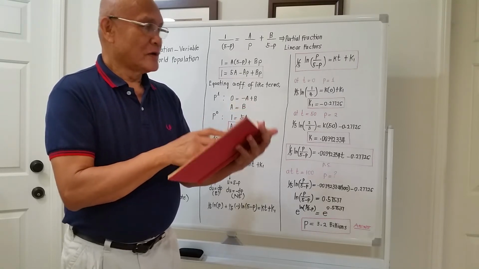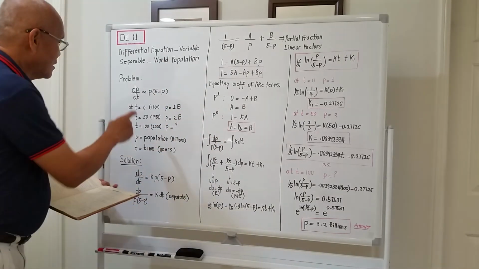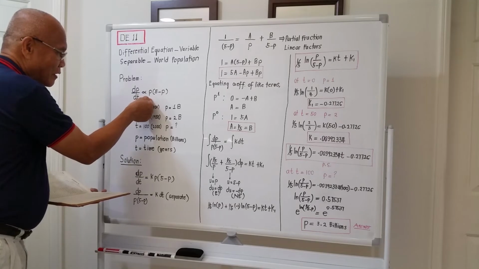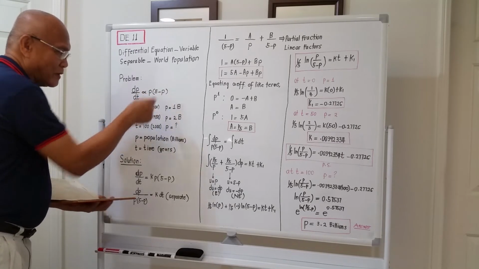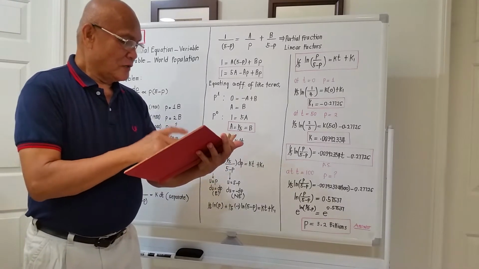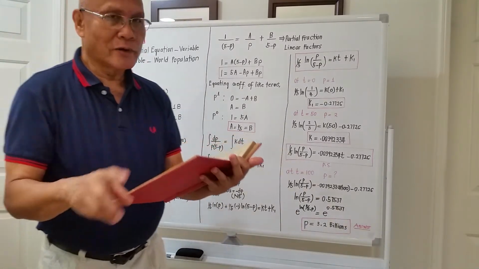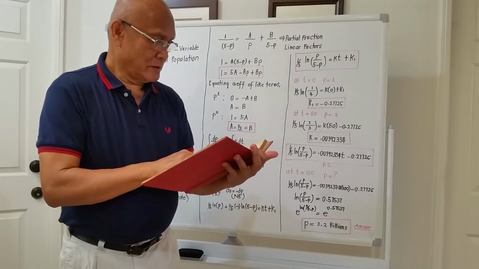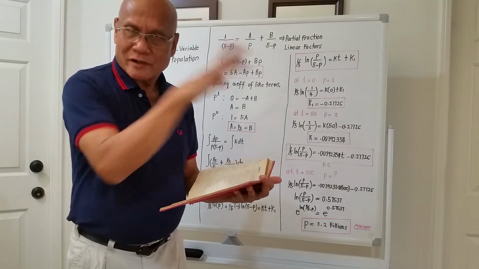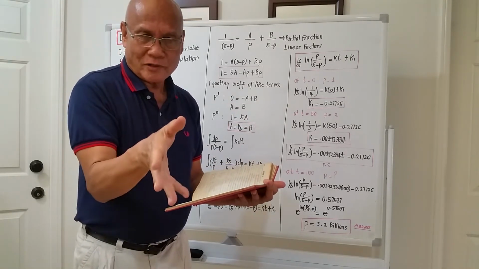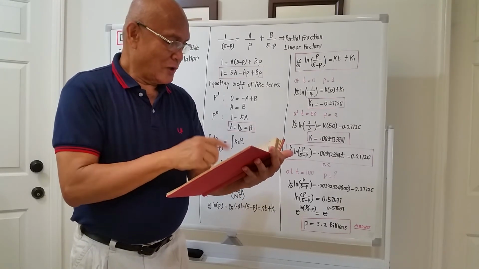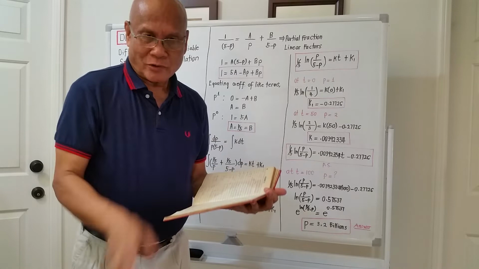That is, the given condition is dP over dt is directly proportional to the population and the difference 5 minus P. That is the condition of the problem. If the population was 1 billion in 1900 and 2 billion in 1950, the question is, what will be the population in the year 2000?